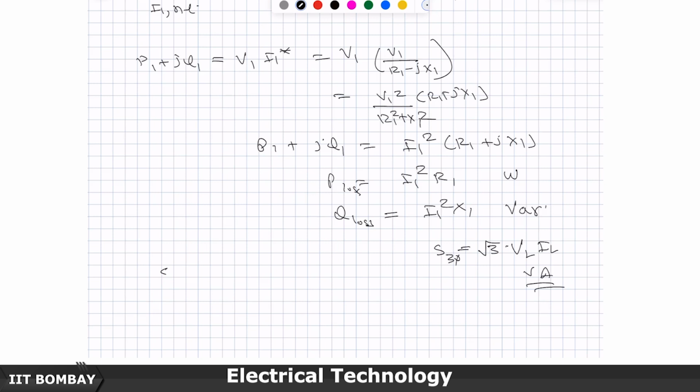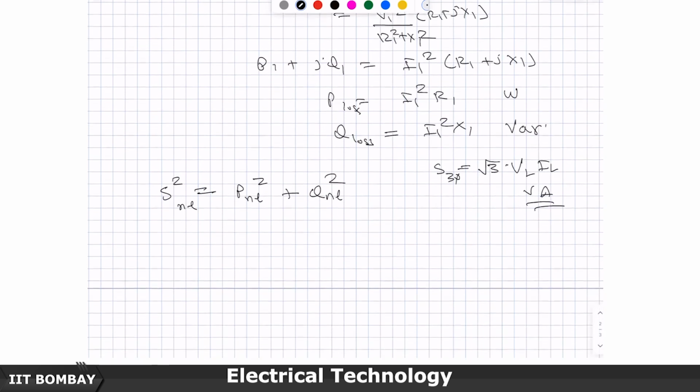And this 3 phase S square, at no load, the test on no load, will be equal to P no load square plus Q no load square, that is the definition of apparent power.